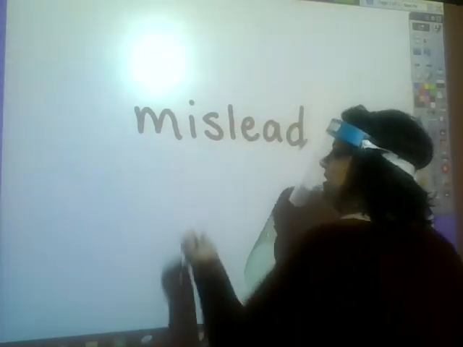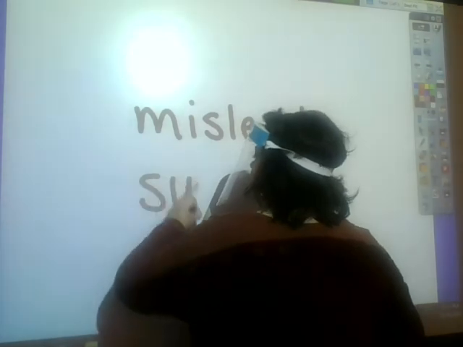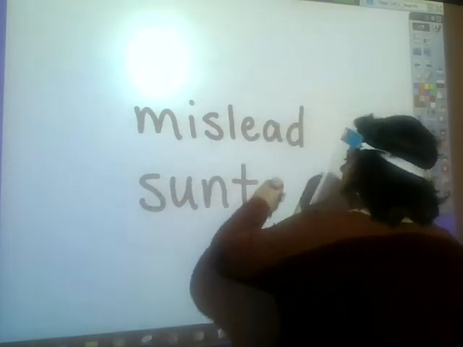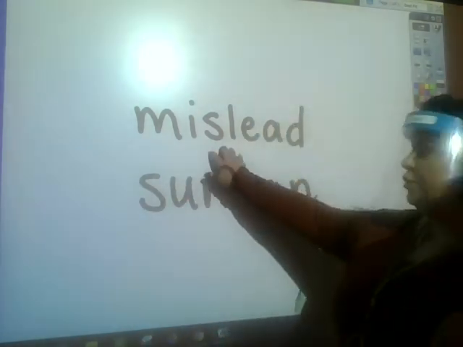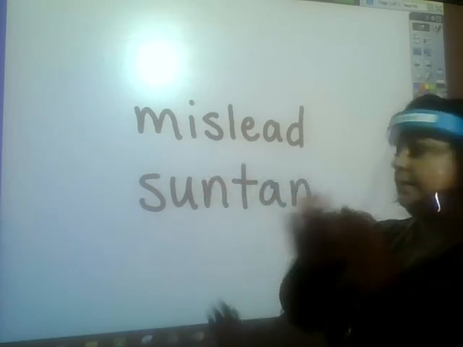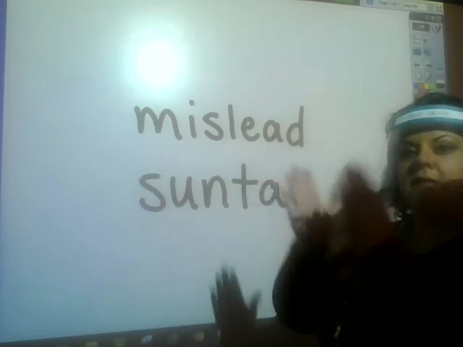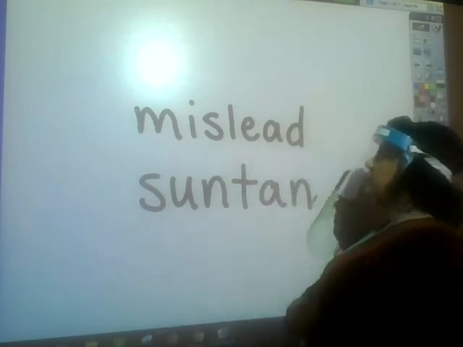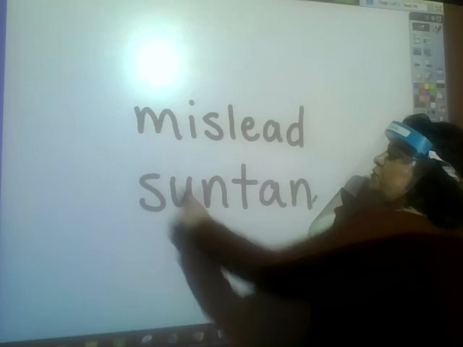And then I'm going to write this word, suntan. Are these 2-syllable words? Let's clap them. Mislead. How about suntan? Suntan. They're 2-syllable words, okay? So they have those 2 things in common.